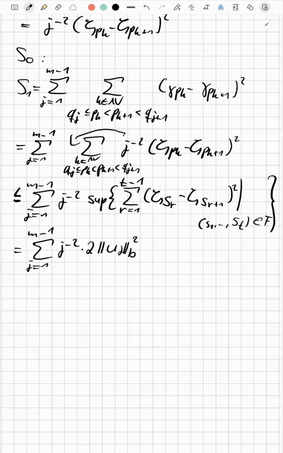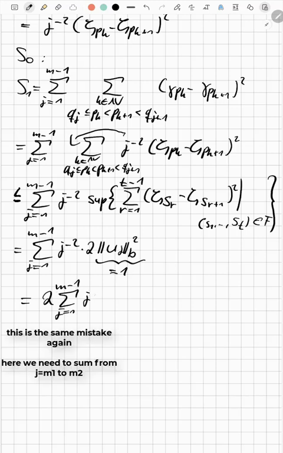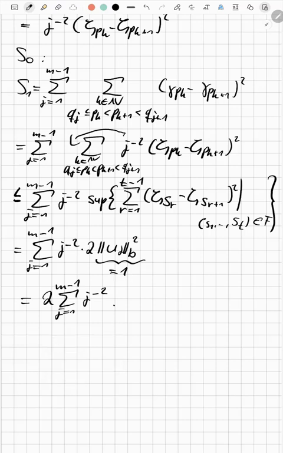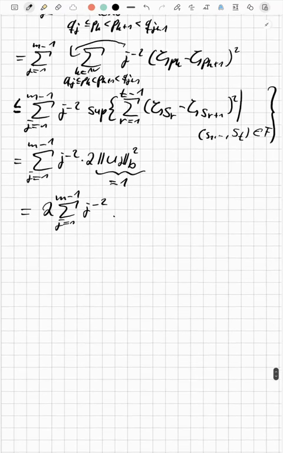Okay? And since this is just 1, this is 2 times the sum as j goes from 1 to m minus 1 of j to the power of negative 2. And that's the inequality that we wanted for our S1.